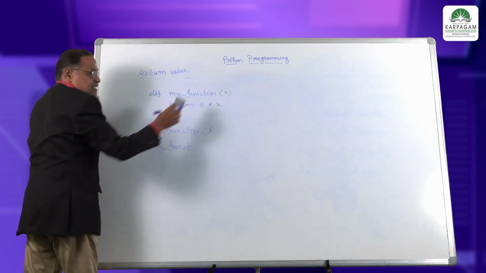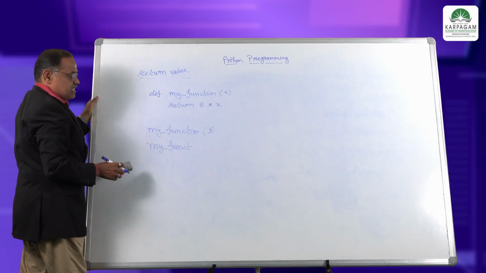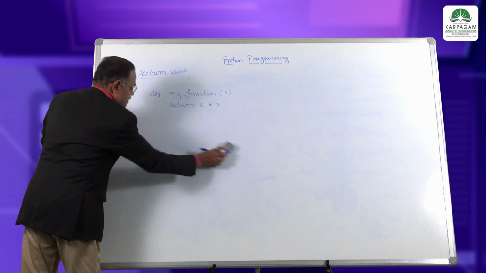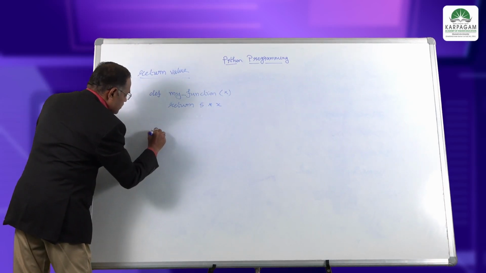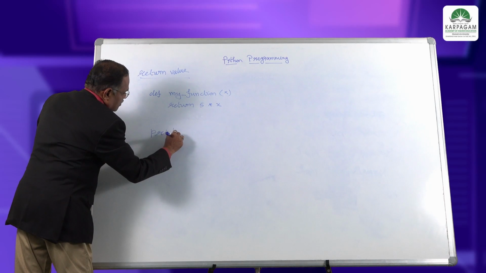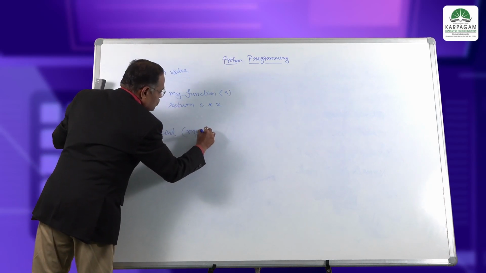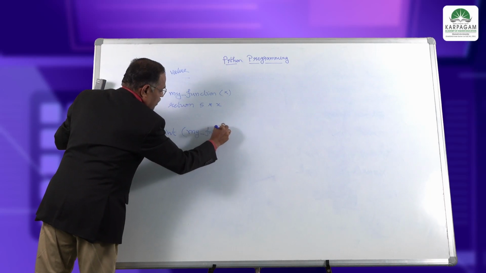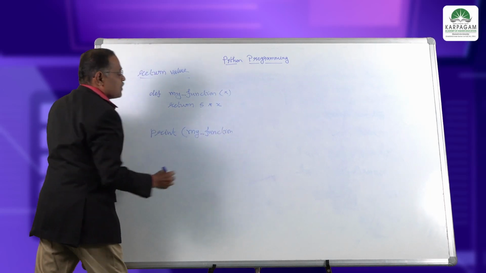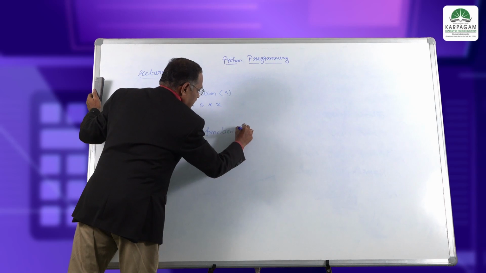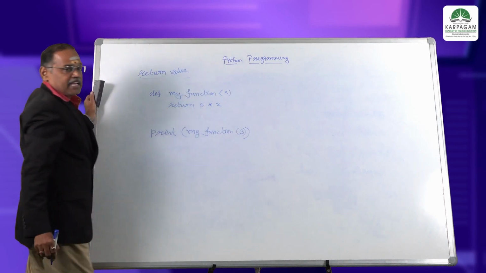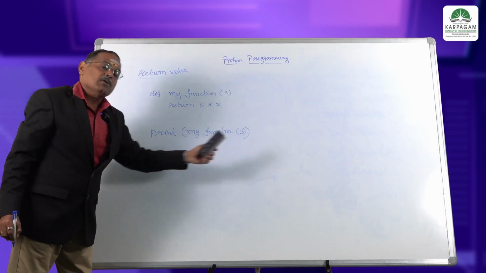The value will be passed, but the value cannot be seen. So we have to write print, open parenthesis my_function, open parenthesis 3, then close the print parenthesis. This is how we have to write it.